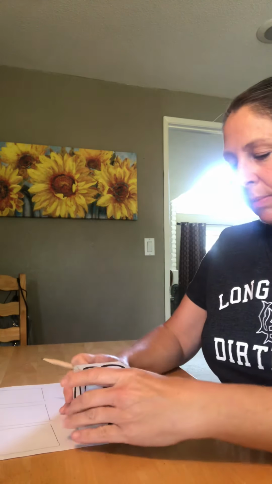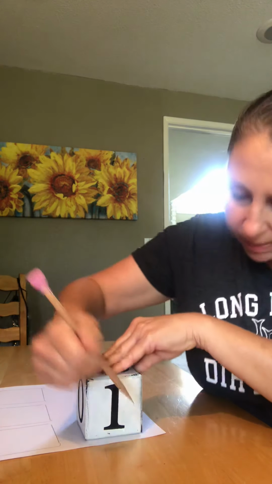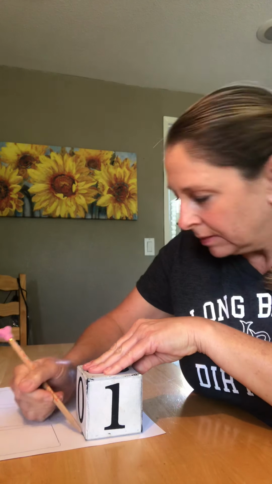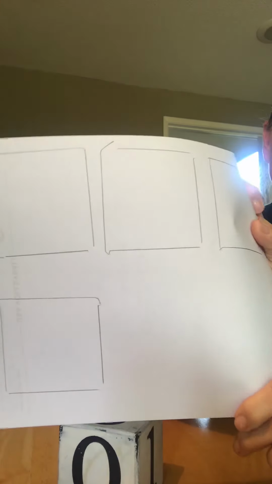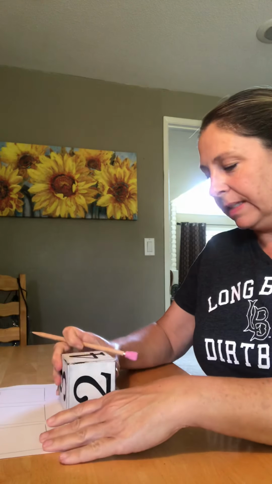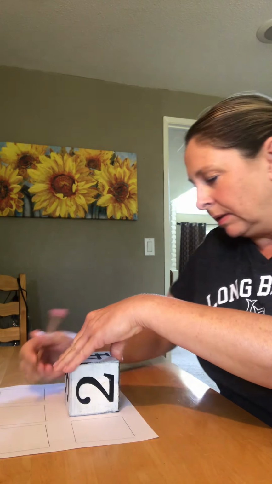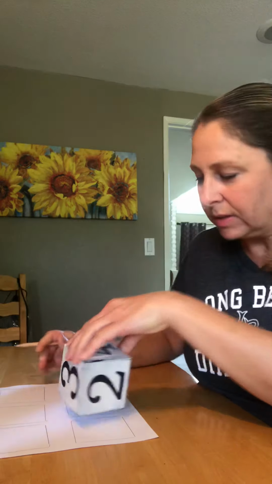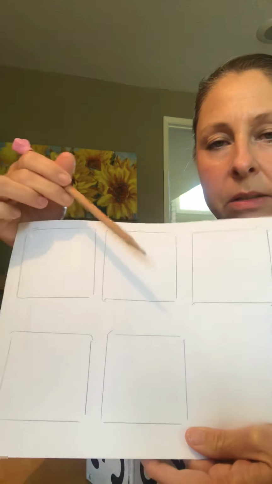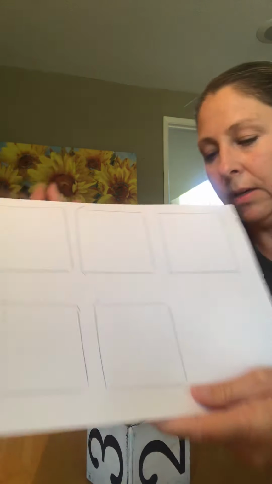So let me go with the 3 pointing up and trace that one and see what happens. Okay, and I get another square. See that? Now let me go with the 4 facing up. So each time I turn my cube, I get the same shape face, which is a square. And now I have 1, 2, 3, 4, 5 faces so far in my cube.